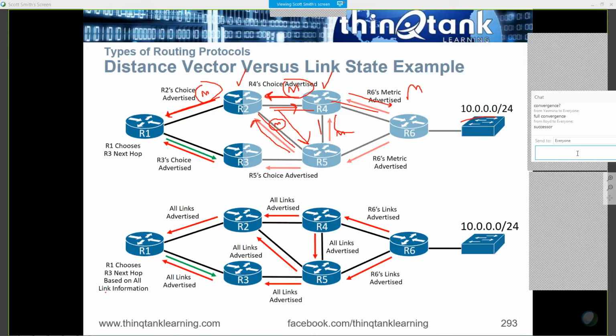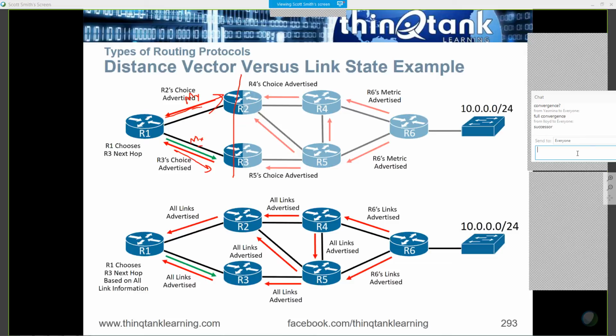In the end, what does R1 actually know about? It knows about, I can get to that network through R3, or I can get to that network through R2. R3 has metric X, R2 has metric Y, and I'm going to choose to go to R2 or R3 based on whatever the lowest number is.